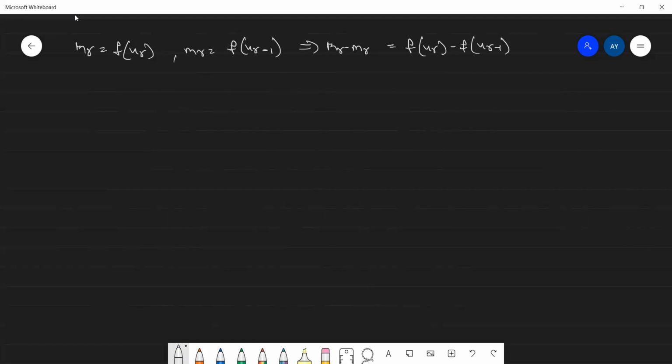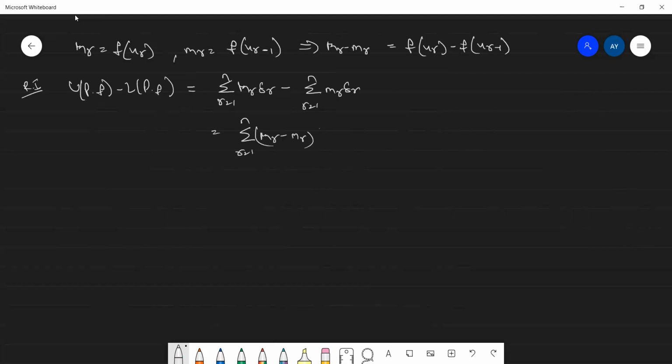So what is Riemann integrable? U(P,f) minus L(P,f) should be less than epsilon. So we have to define U(P,f) minus L(P,f), that is equal to the summation r equals 1 to n of M_r into delta_r minus the summation r equals 1 to n of m_r into delta_r. If you take delta_r common, you will have the summation r equals 1 to n of (M_r minus m_r) into delta_r.